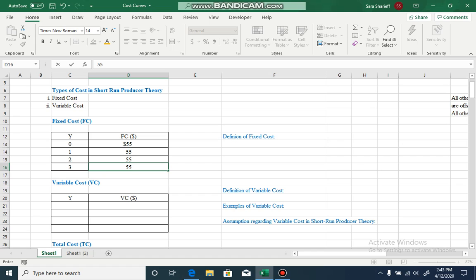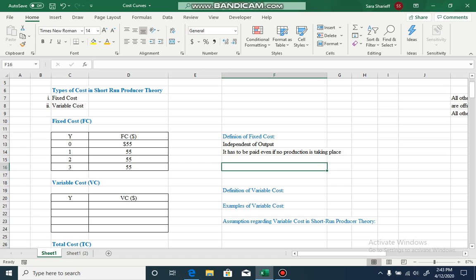How do we define fixed cost? What you have to pay every month regardless of how much production is taking place. Write it down: independent of output. It has to be paid even if no production is taking place, right?